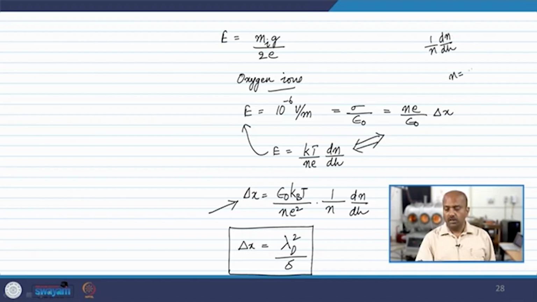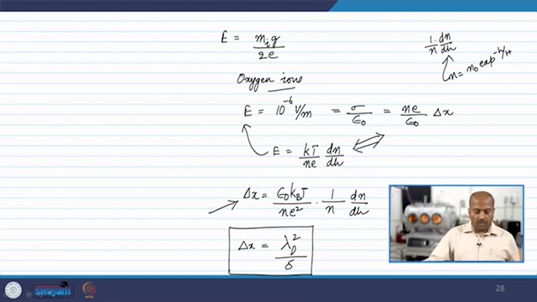So, you take N equals N naught exponential of minus h by H, then take a derivative, and you will realize what the distribution height is. So, what have we learnt? We learnt how the electric field acts on the electron, what the effect of this electric field is, how the electrons will move as if they have a mass of half the mass of the ions, and typically what the electric field magnitude is.